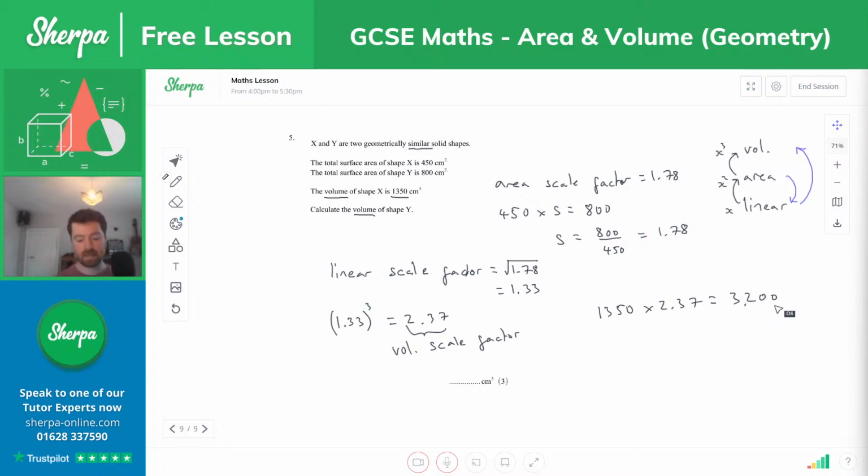And that is my final answer for the volume of shape Y. Obviously the units, because we're doing a volume, are going to be centimeters cubed. They've been nice enough to give us the units already.